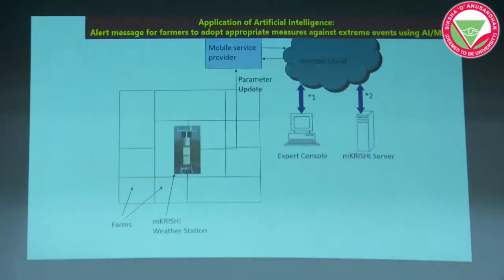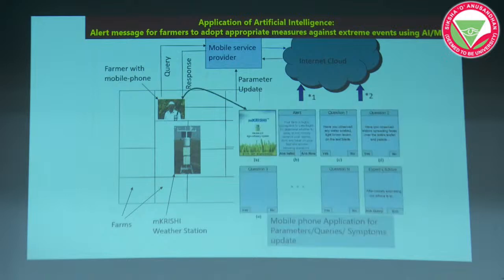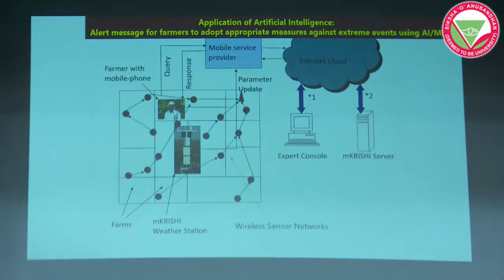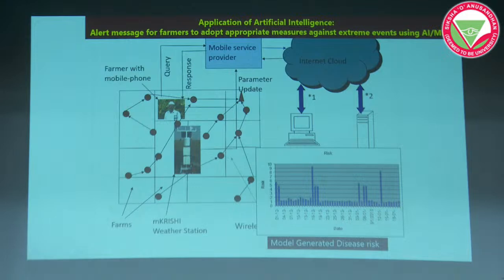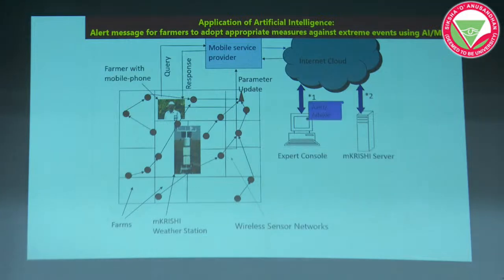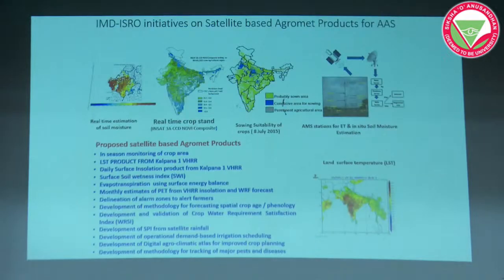So even also, if you see this, how artificial intelligence is coming, a farmer is sitting in his field. With our cloud server and whatever the observatories are there, we are putting everything there, and from the cloud server we are putting these things to farmers' mobile.